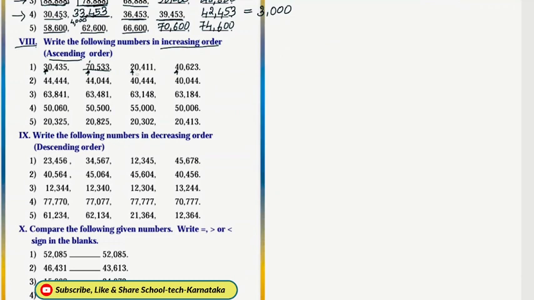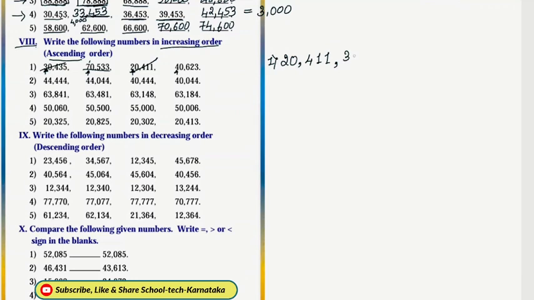The smallest number between 3, 7, 2 and 4 is definitely 2. So we write 20,411. So this is our smallest number. Now in the remaining 3 numbers, we have 3 as the smallest.